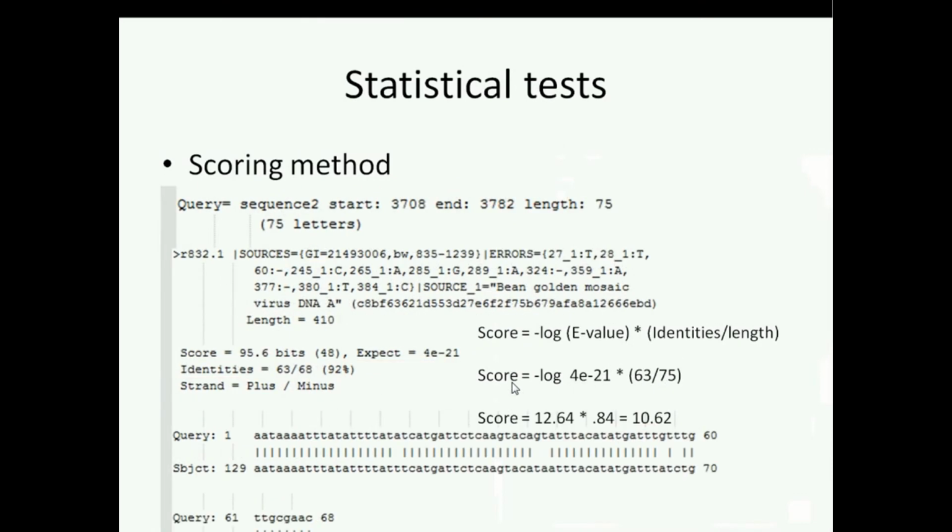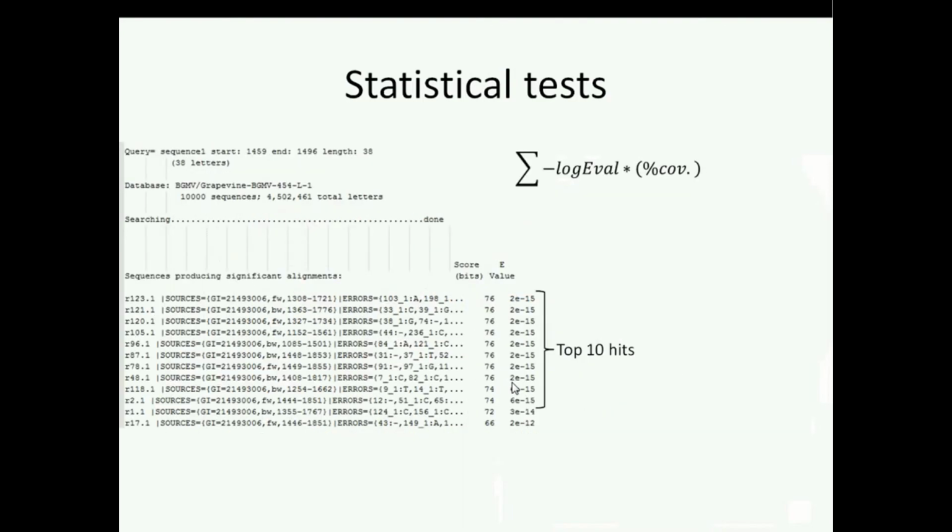On the opposite end of that, if you have an E-value of 10 to the negative 21st, 63 out of 75 of the E-probe is identical. This is a very high score, which is what's shown here, a score of 10.62. And just like in BLAST, you have multiple hits for a given query.